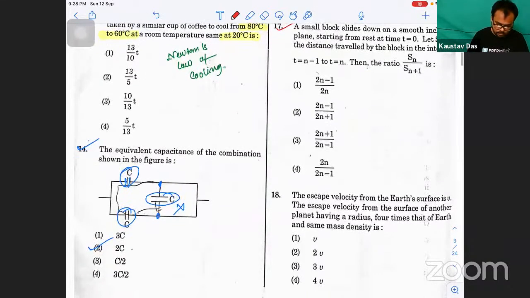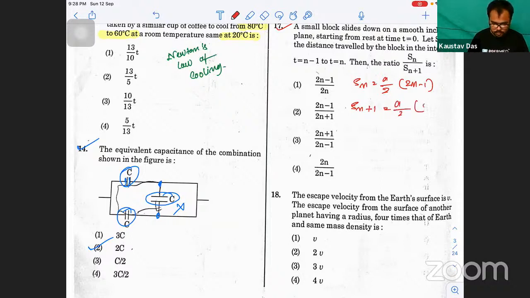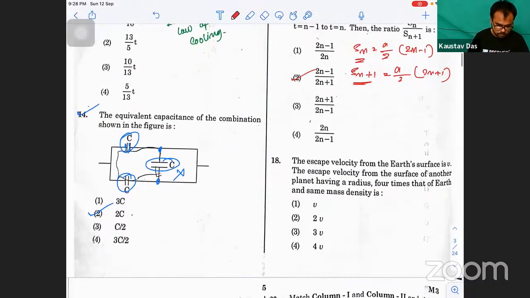The value of Sn, which we have calculated, will come as a by 2 into 2n minus 1. And the value of Sn plus 1 is going to be a by 2 into 2n plus 1. So if you take the ratio of Sn and Sn plus 1, it is going to be 2n minus 1 divided by 2n plus 1. So here we go with option number 2 as our correct answer.